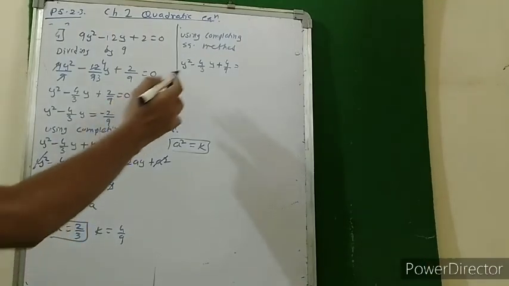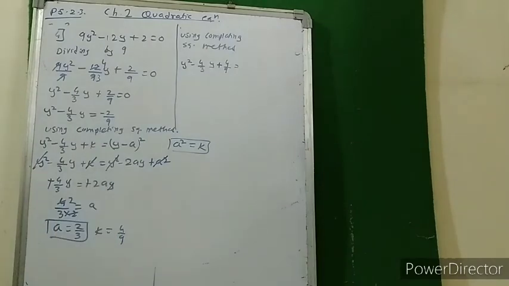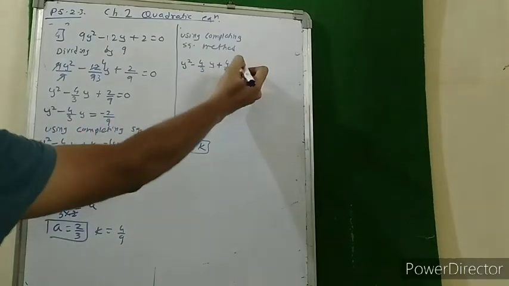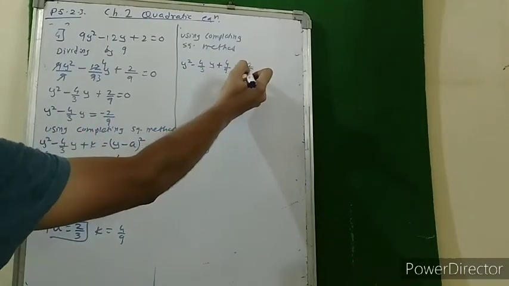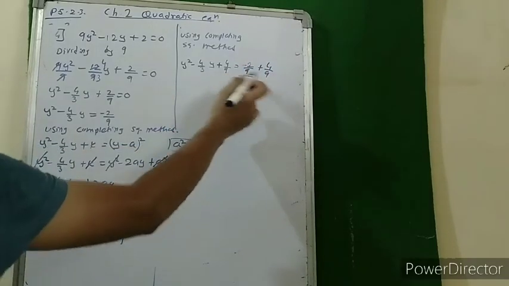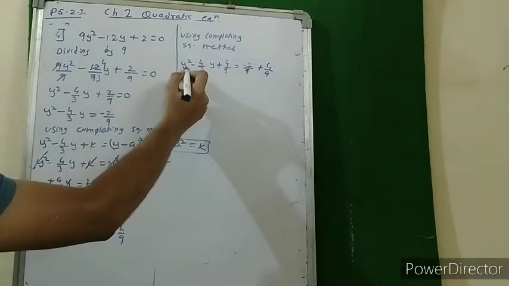Adding this 4 upon 9 on this side, and what was there in the RHS? Minus 2 upon 9. So minus 2 upon 9 plus 4 upon 9. So adding 4 upon 9 on both the sides, we have a perfect square over here.